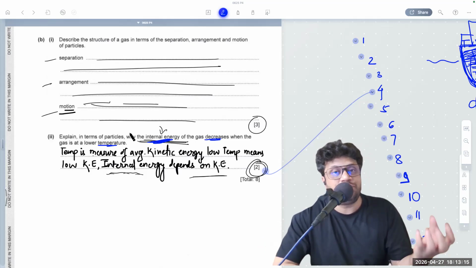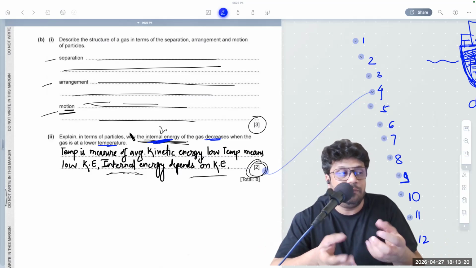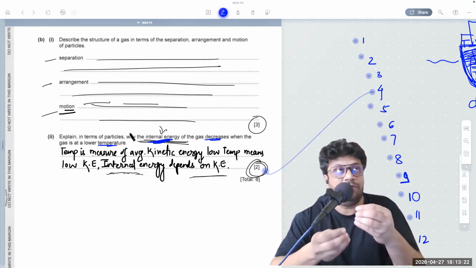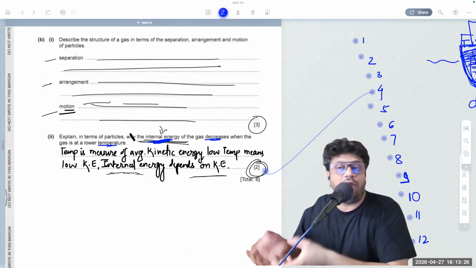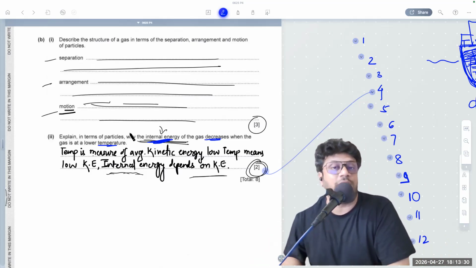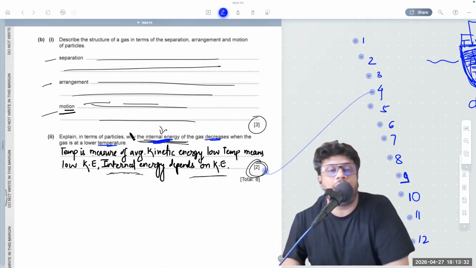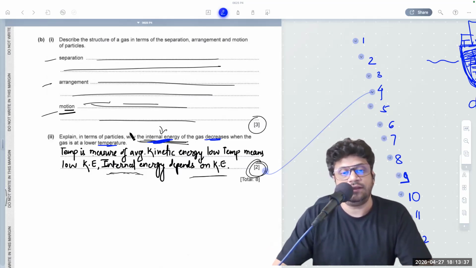So if temperature is low, the reason is kinetic energy must have reduced. Internal energy has one of its components as kinetic energy. So internal energy also comes out to be low for that system of gas. That is how you want to frame your answer for this one, okay?